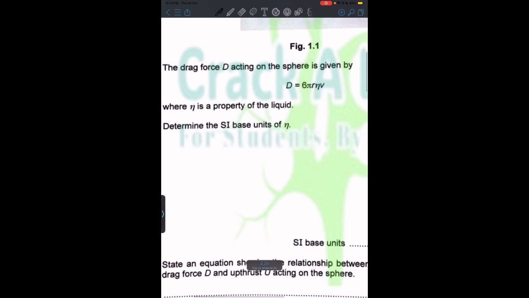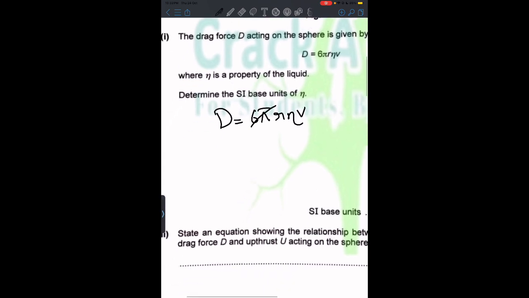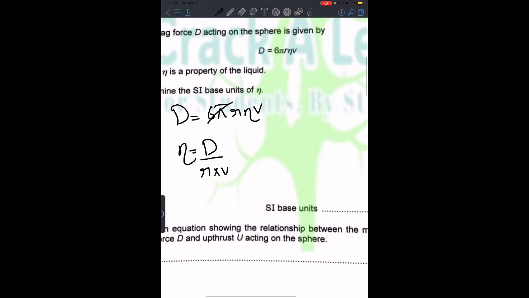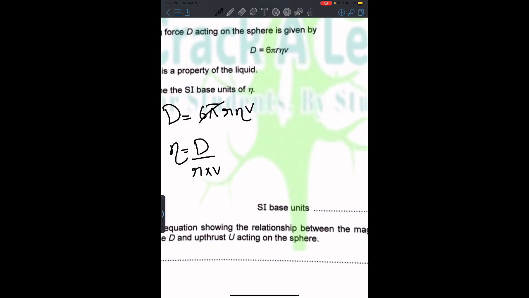Okay, we'll do that. So we know D is equal to 6 pi r n v. We'll cancel 6 and pi because these are dimensionless constants, meaning they have no SI unit, and we'll rearrange to give n equals D upon r into v. Drag force is a type of force, and force is kg m s^-2.